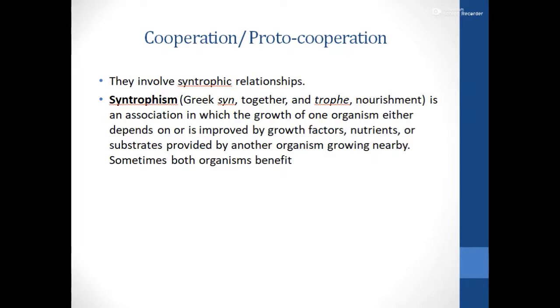That is, when two organisms are associated with each other, and one organism provides the essential growth factors, nutrients, or substrates so that the growth of the other is improved, then we say that syntropism is involved.